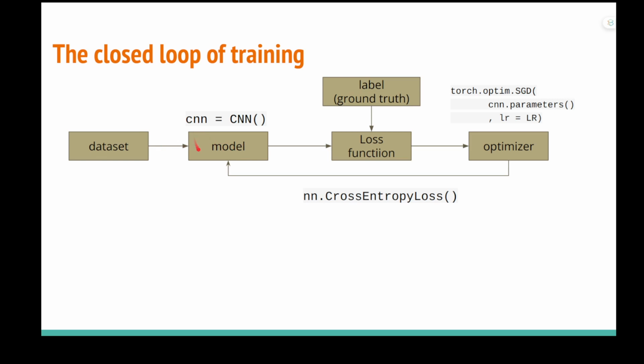So we will execute the forward path of the model to produce the predictions, and those predictions will be fed into the loss function, and the loss function will compare the prediction with the label, or ground truth, of the data set.